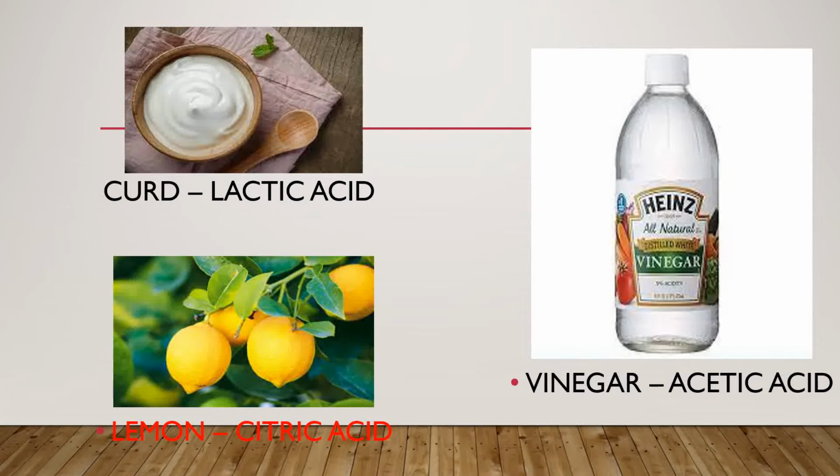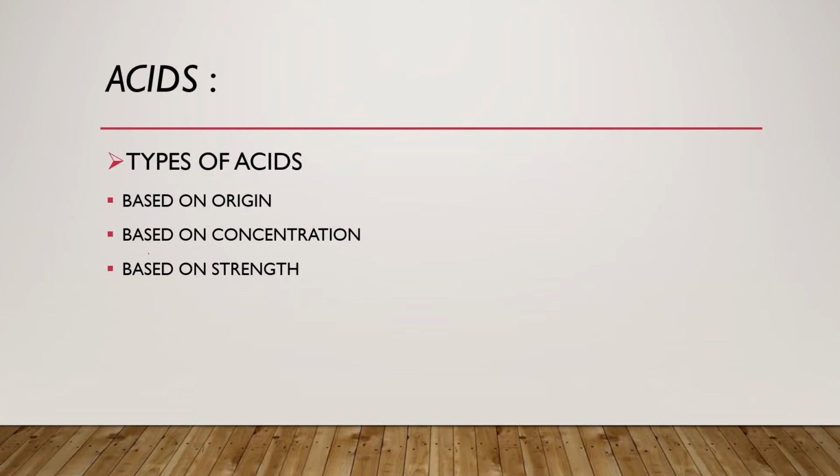Acids can be classified in different ways. Types of acids based on origin. Based on their origin, acids can be classified as organic acids or inorganic acids.